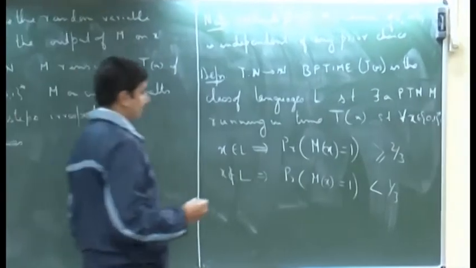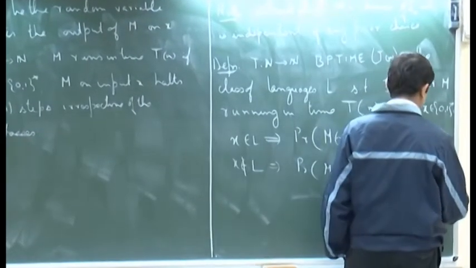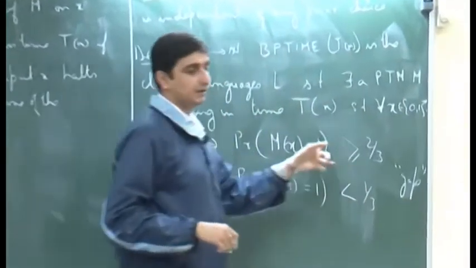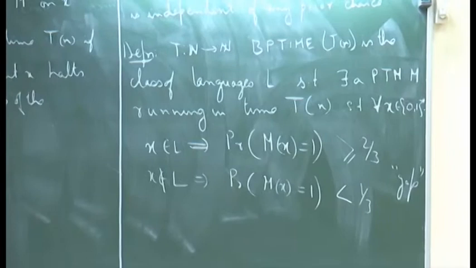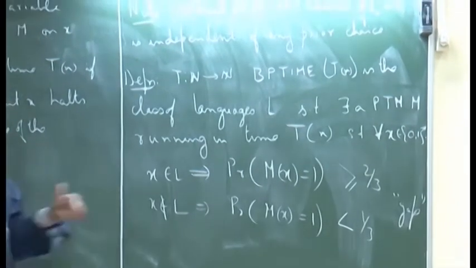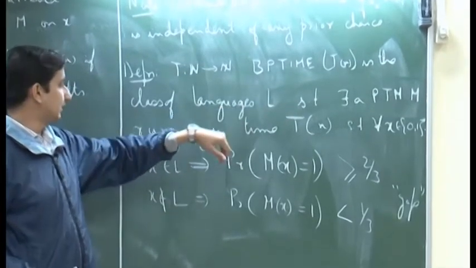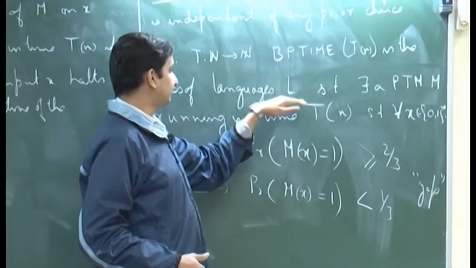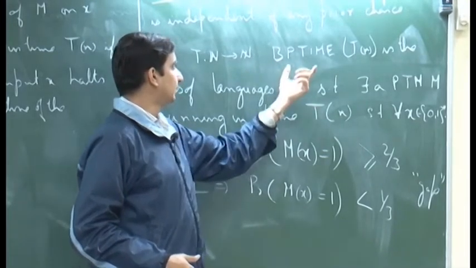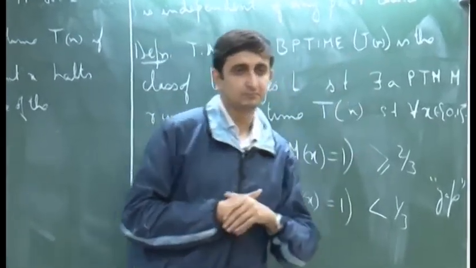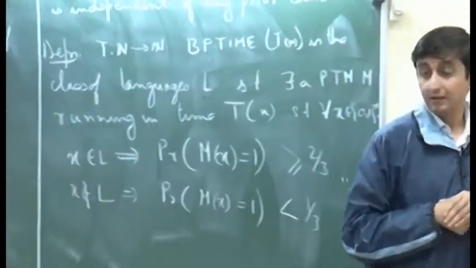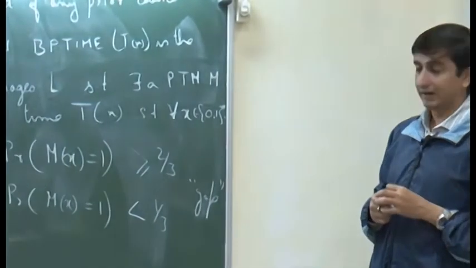So, in other words, there is a gap between the probabilities for an instance that is in the language and an instance that is not in the language. Only if such a machine exists for a particular language, we say that language belongs to BP time of t n for some t of n. B stands for bounded.